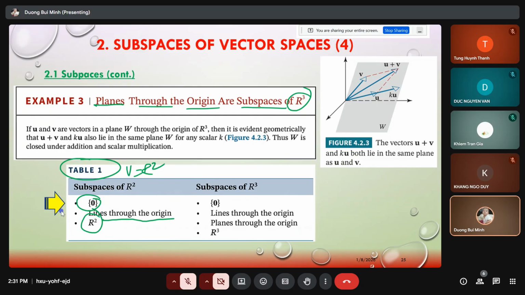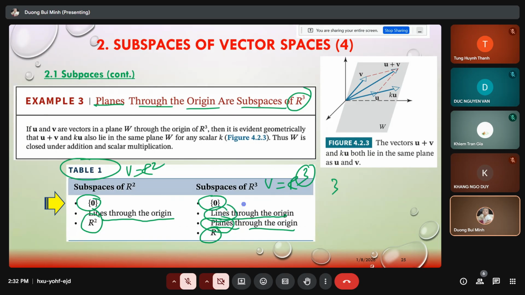Now, if we have vector space R3, we have the zero space itself that lies through the origin. Why the origin? Because the vector space has 3 dimensions. If we reduce 1 dimension, you get planes, right? If you reduce 2 dimensions, you get lines.